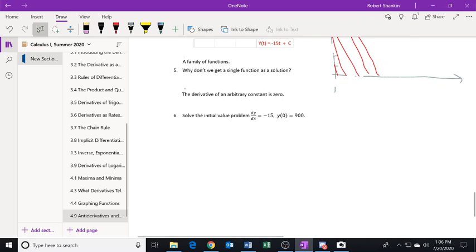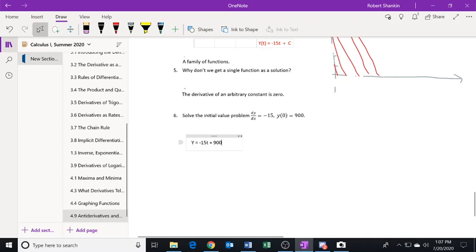Okay, group 2, do you have an answer for this? Yes, we have y equals negative 15t plus 900. And so what you did basically is find a function who, when you take its derivative, you get negative 15.